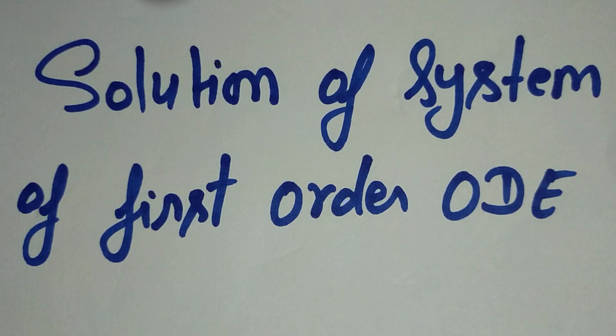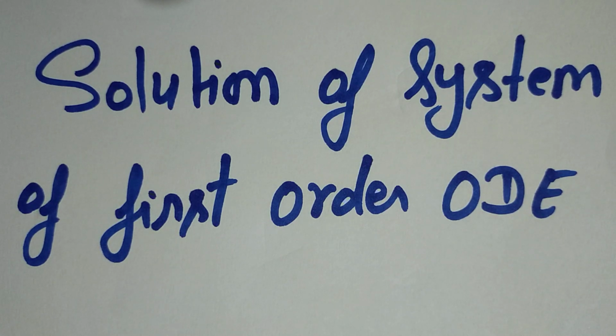In this video, I am going to explain the solution of a system of first order ordinary differential equations. In the last videos, I explained how to solve first order ordinary differential equations.